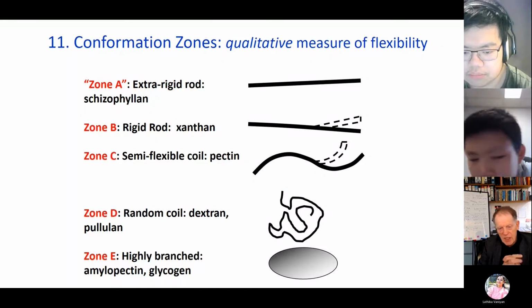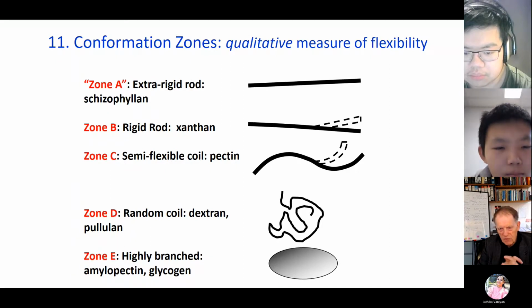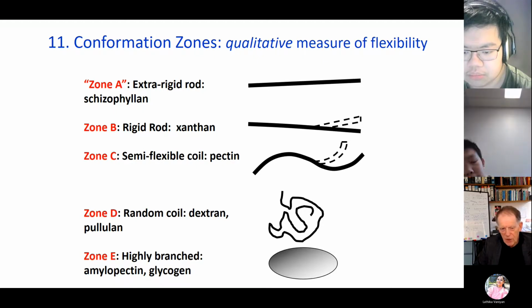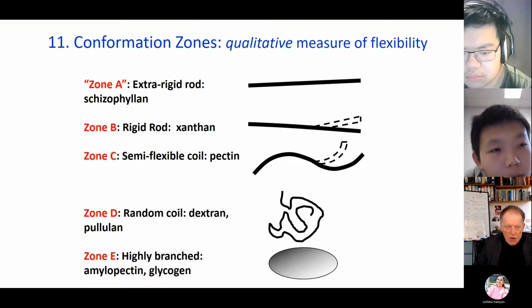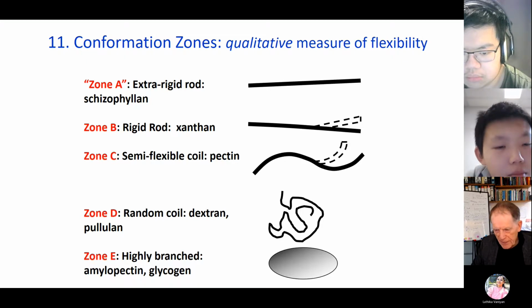And the way you establish these zones is using various combinations of hydrodynamic methods, including imaging as well. That can also be used, but these methods can tell you the type of conformation.